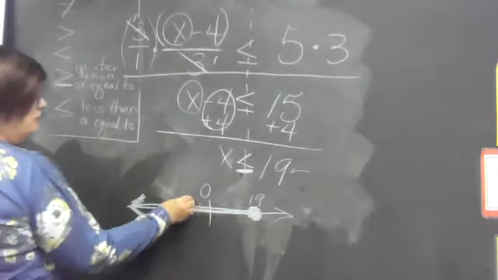Now I come to the sign, and you stop 1 second and say, do I switch the sign or not? Why not? Yes. Just tell me. When do we switch this to go the other way?